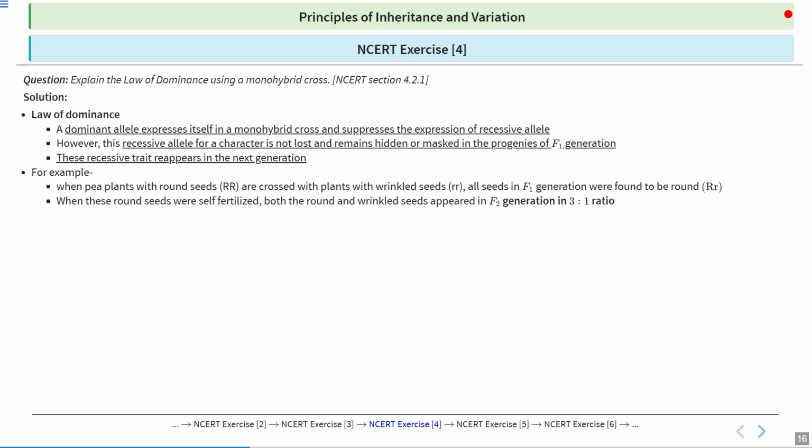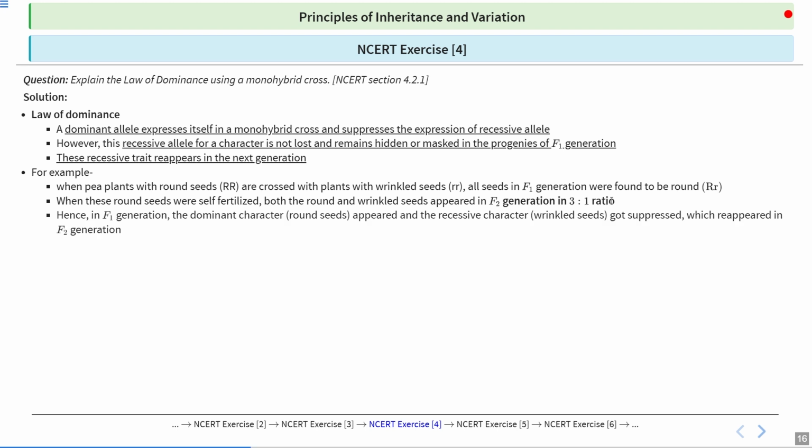Now when these round seeds were self-fertilized, when the selfing of the F1 generation was done, both the round and the wrinkled seeds appeared in the F2 generation in 3:1 ratio. Now this 3:1 ratio can also be explained with the help of the law of dominance, because 3 was dominant, 1 was recessive.